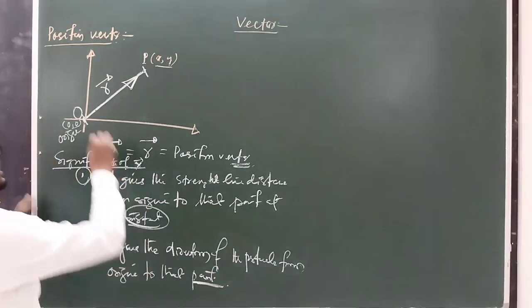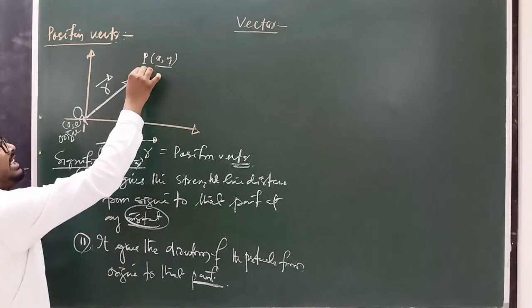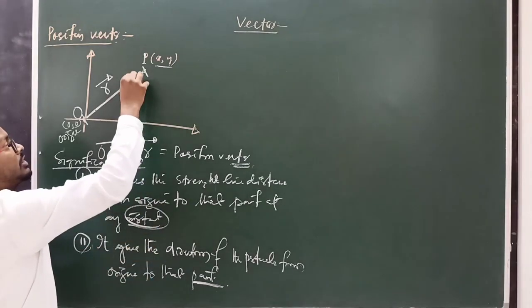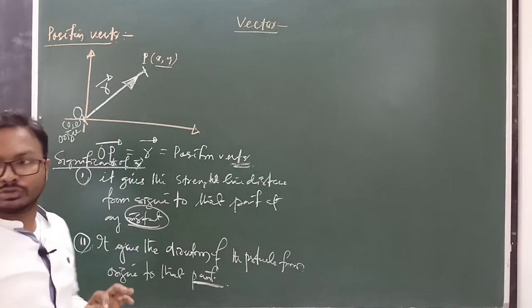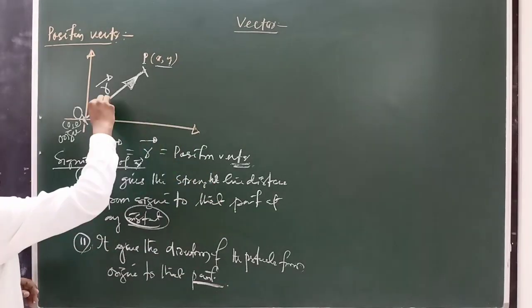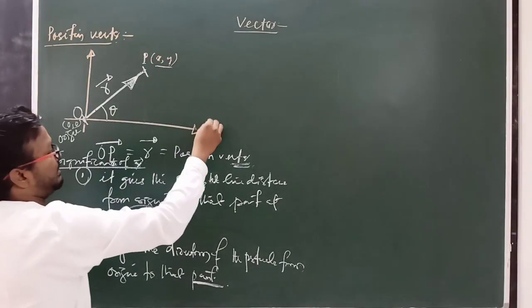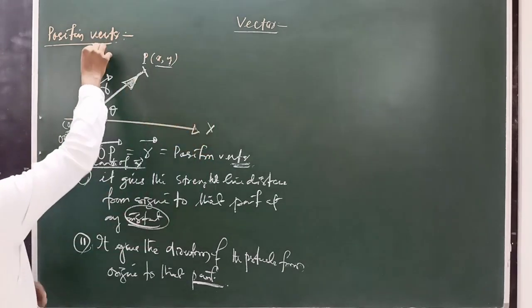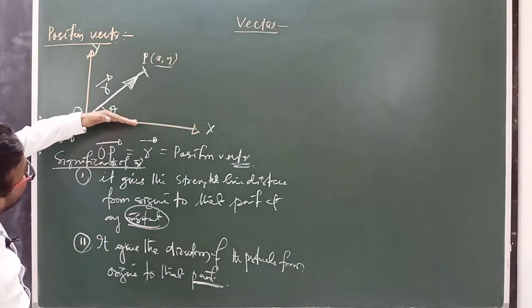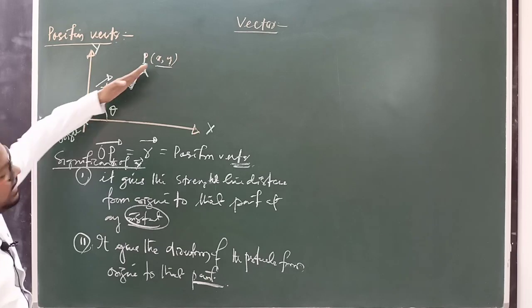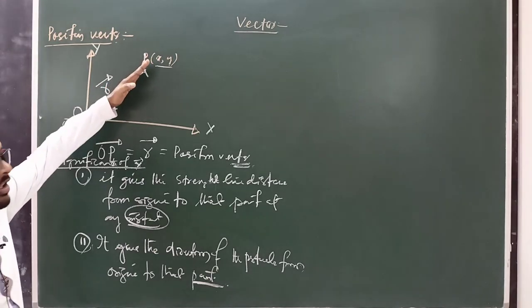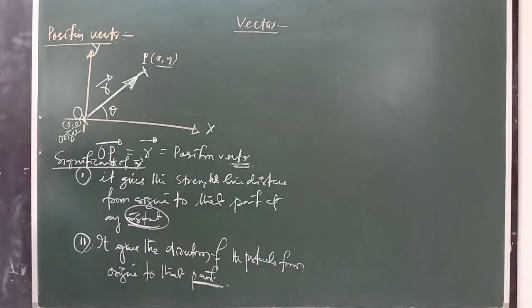Origin to that point. From the origin, it can indicate the direction. So this is known as the position vector. Suppose this angle is theta, and theta represents the angle of the position vector from the x axis. At what angle from the x axis the position vector lies. Clear? Okay, this is known as the position vector.